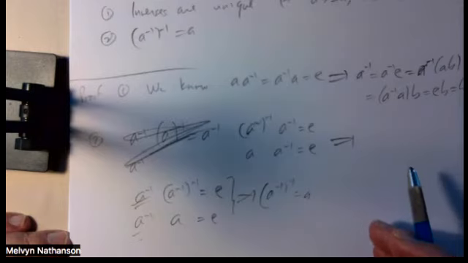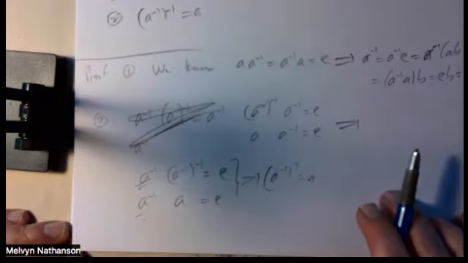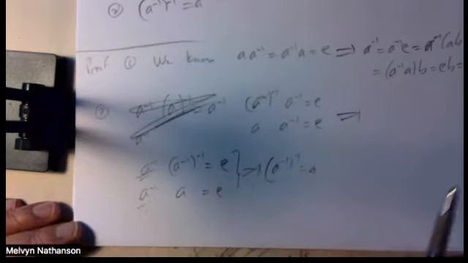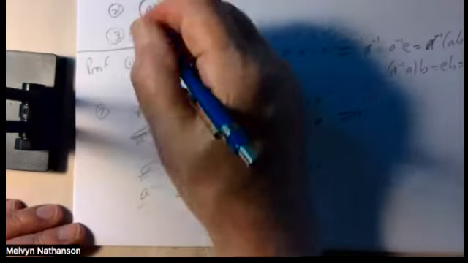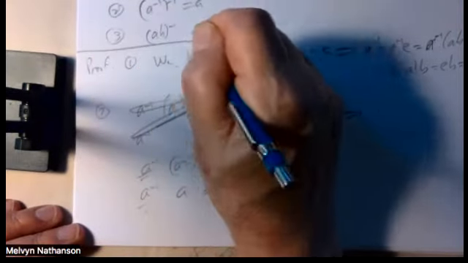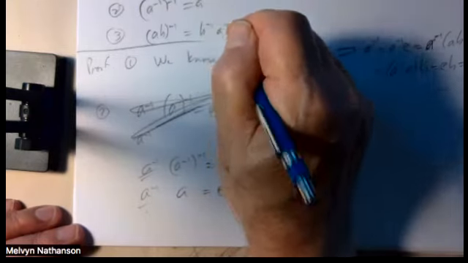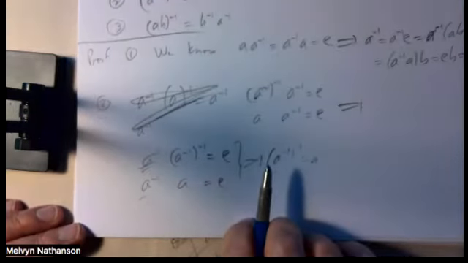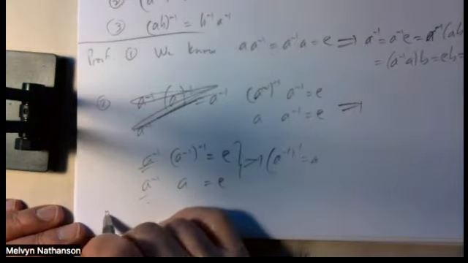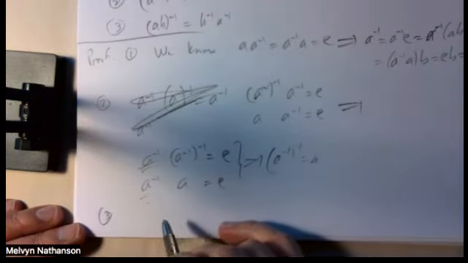This element has a unique right inverse. So if you have an element in the group, you take the inverse and you take the inverse of that, you get the element back. And the third statement is that the inverse of AB is the product of the inverses in the opposite order. And the proof is as follows.